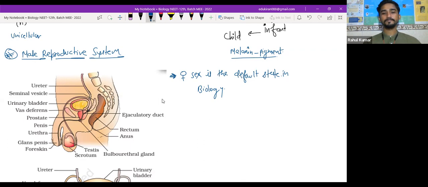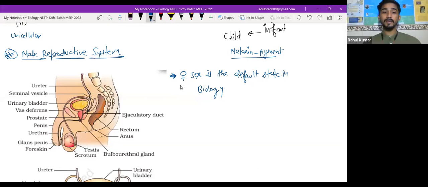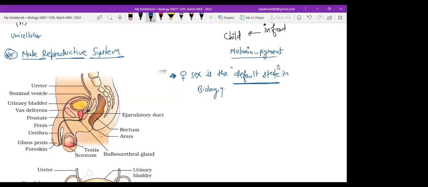Interesting, no? Yes or no? Yes. The male gender requires a signal to become male, and that's why the male sex is known as a non-default state. You know what is a default state? I hope you know what is default state. Yes. What is default state, Nora?